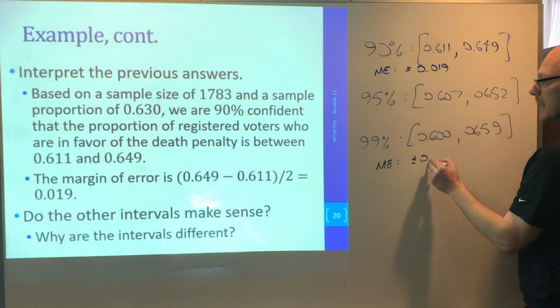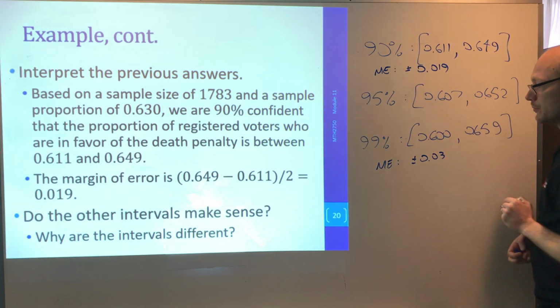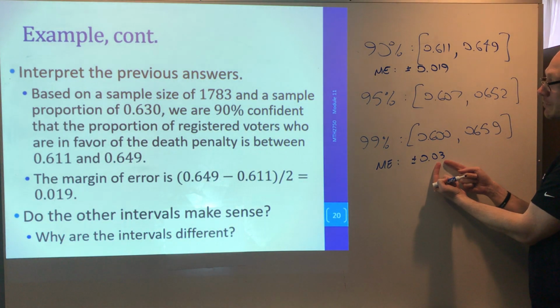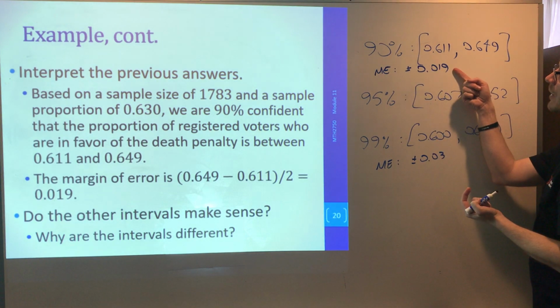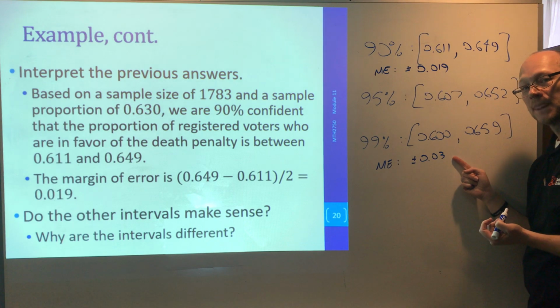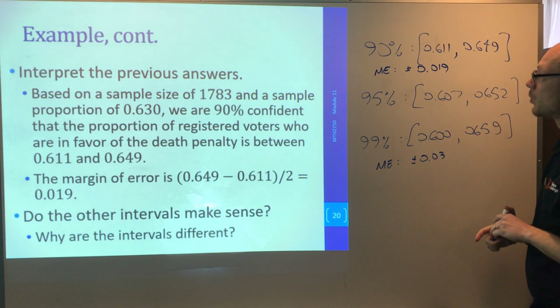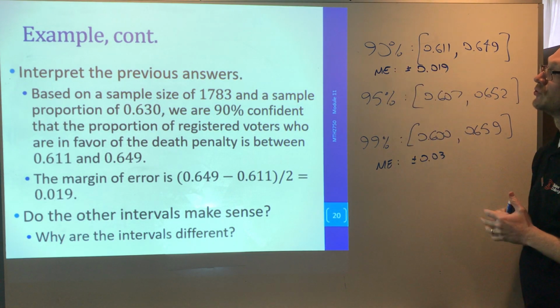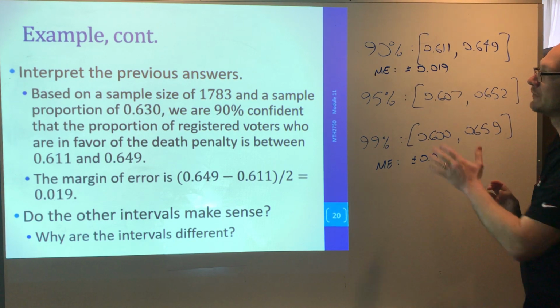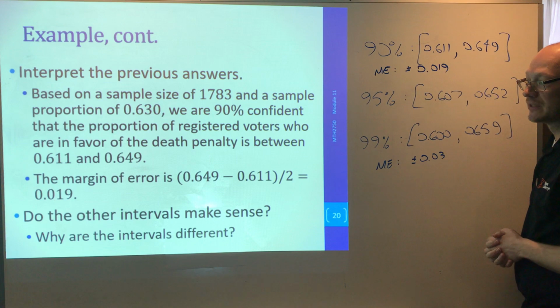That's going to be a plus or minus 0.03. This is a much larger margin of error. This is a 2% margin of error. This is a 3% margin of error. If you want a lower margin of error, then you're going to have an accuracy perhaps that's a little bit less.